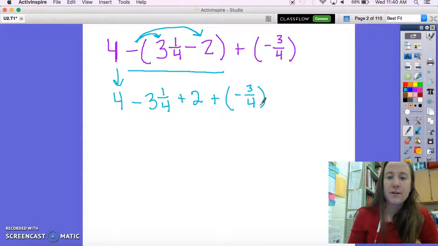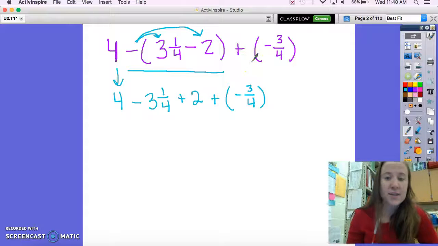The next thing I want to do is rewrite my subtraction part of this problem as addition, because then if I choose to use the number line as a strategy to solve, I can do that. And I can't do it when it's written as a subtraction problem. So let me just change colors. And the part that I'm talking about is right here, 4 minus 3 1/4. I'm going to rewrite that using add the opposite.